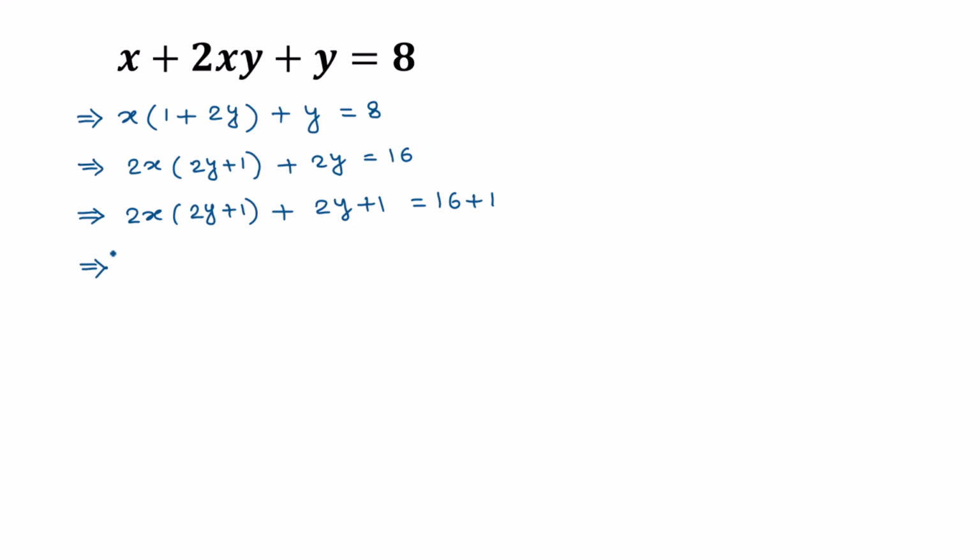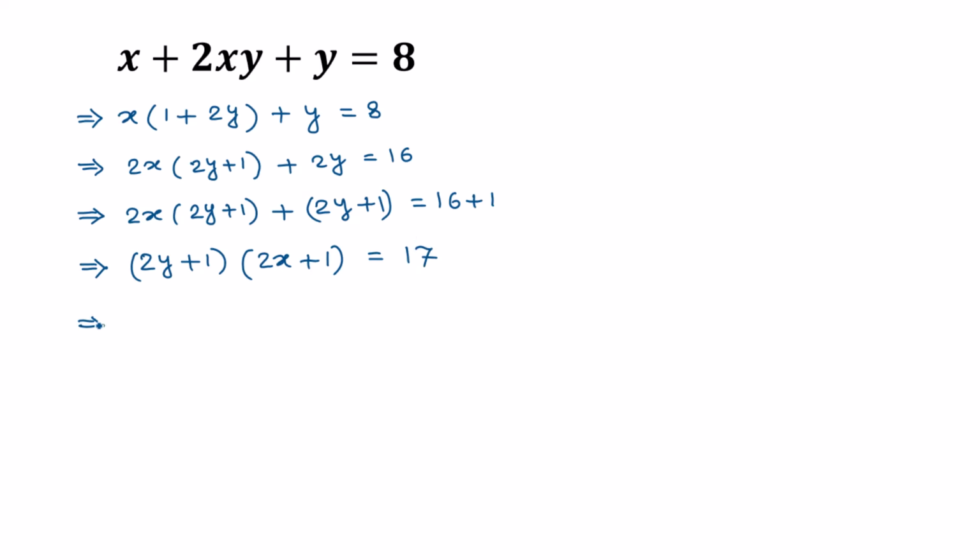Now take common 2y + 1. So taking common 2y + 1, we can write (2y + 1)(2x + 1) is equal to 16 + 1, this is 17.